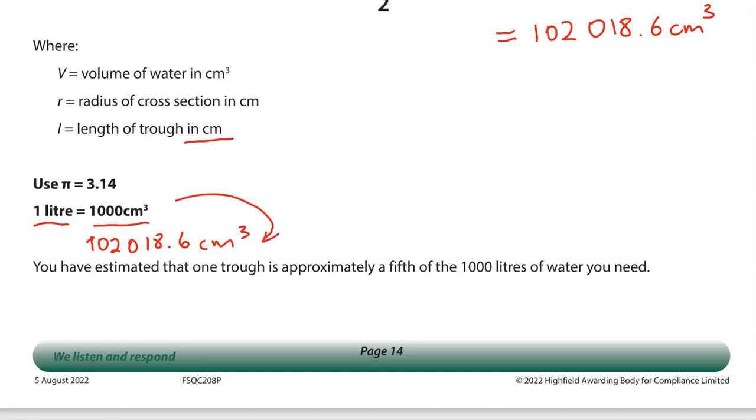So what have we multiplied 1000 by to get to 102,018.6? So we reverse that by doing 102,018.6 divided by 1000, which is 102.0186. So this is about 102 liters.